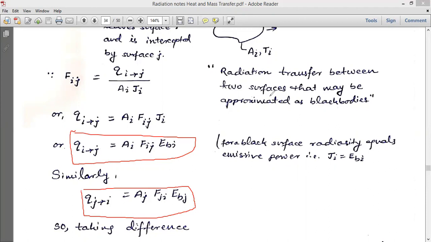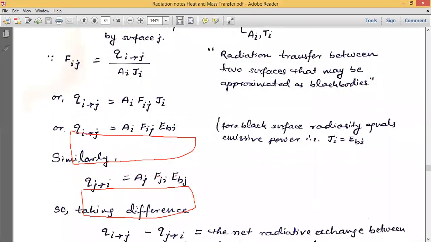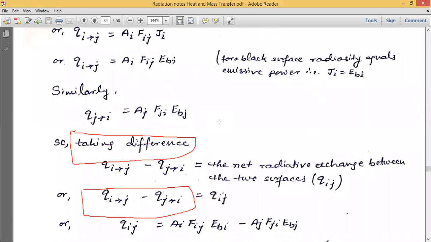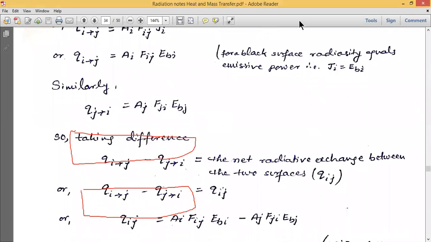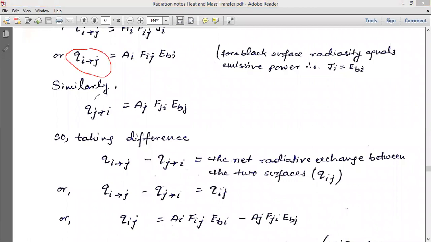If we want to determine the net energy exchange, then we can take the difference between Qij and Qji.